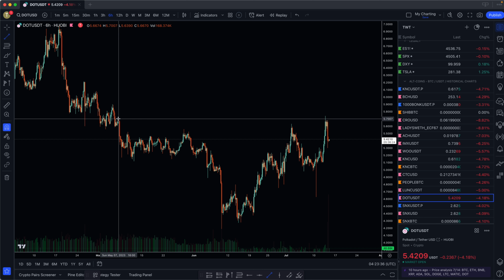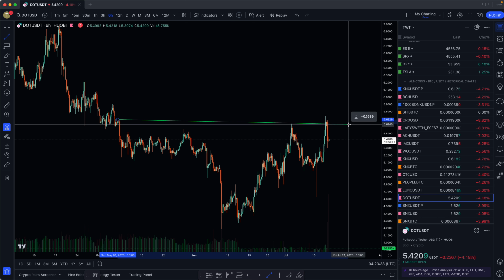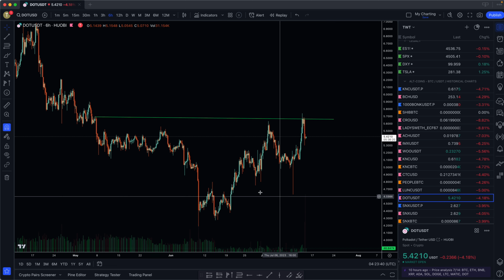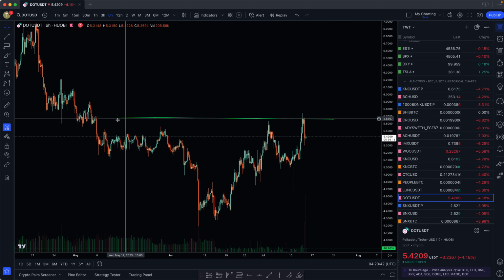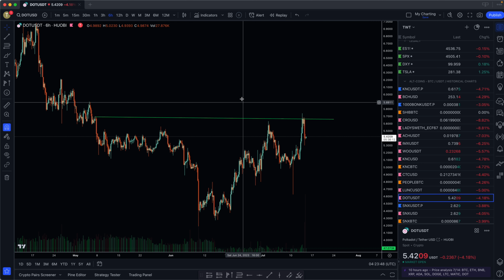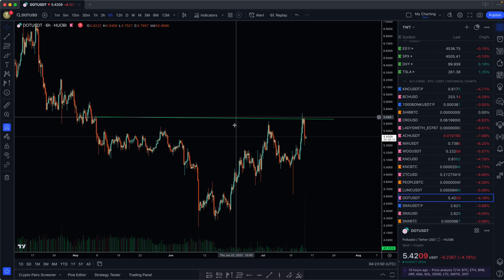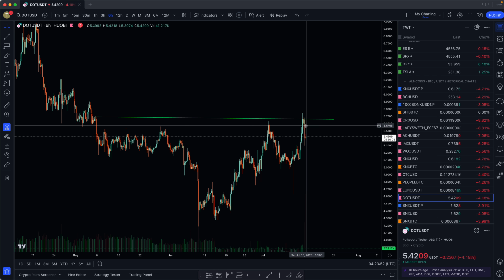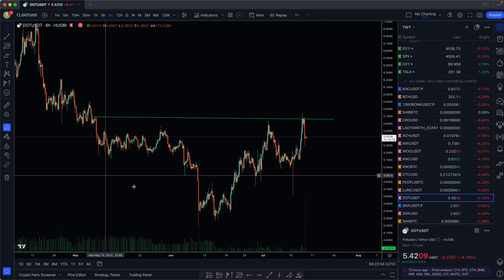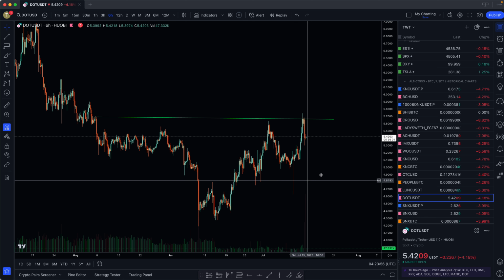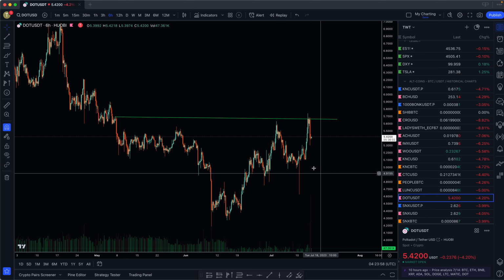I can promise you this. Do you see this right here? When we break above this, if we come back up and break above this, we're going to see a nice uptick in price action, because the rounded bottom, V-shaped bottom, it doesn't matter.